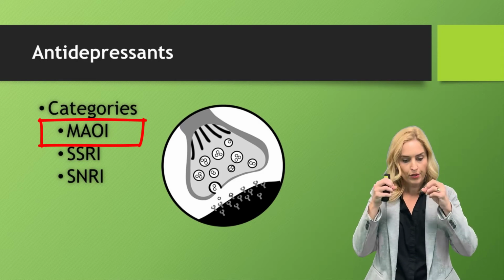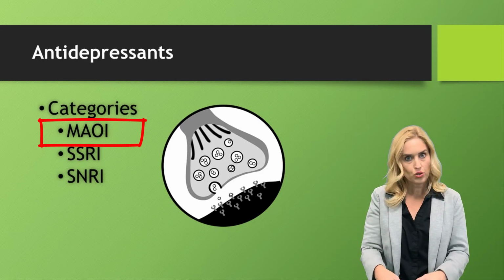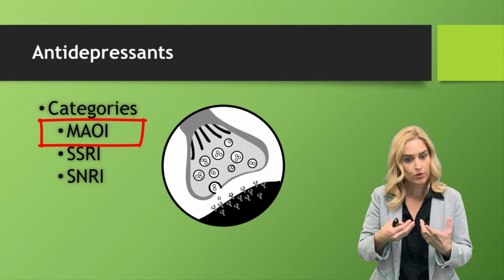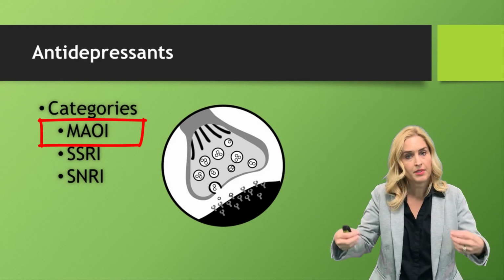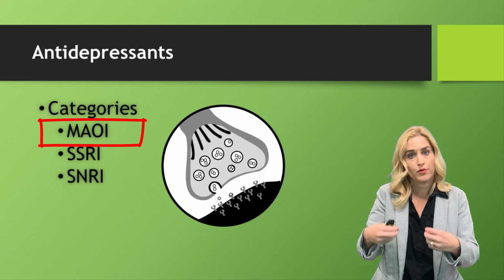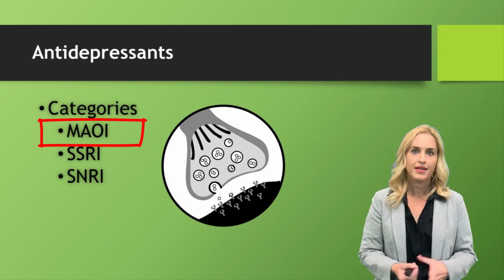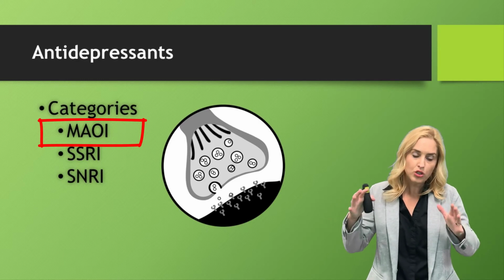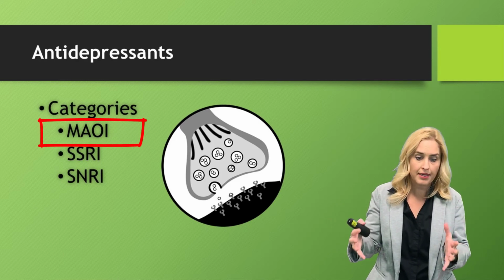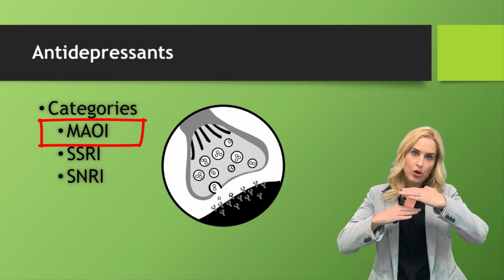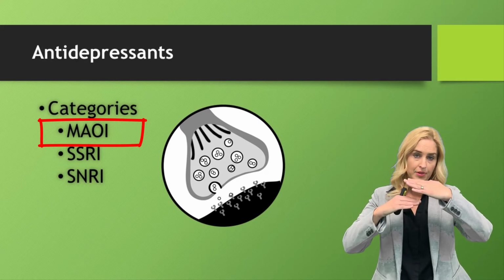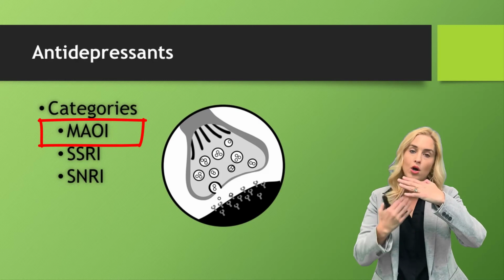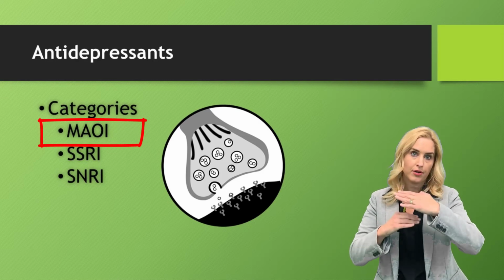So they are either distributed into the receiving neuron, or they're taken back up by the sending neuron, or these enzymes come in and actually break down the neurotransmitters. The MAOI works with the enzymes and actually helps neutralize them slightly, and so the serotonin can stay in that gap that's between the 2 neurons a little bit longer, therefore allowing more absorption of the serotonin.